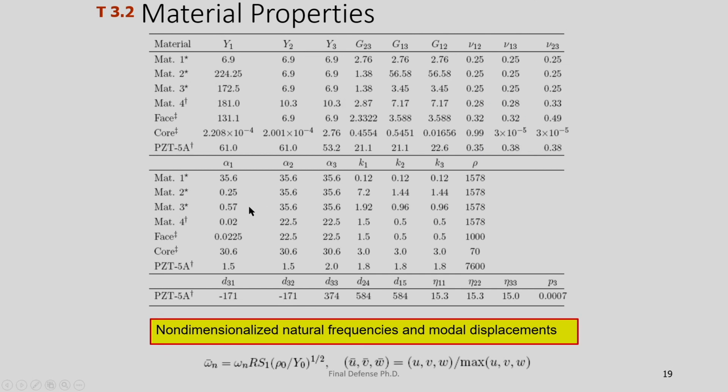So, these are the material properties. Here you see the Young's modulus for the core and for PZT5A, which contains 61 GPa, and you see that the 1 and 2 material properties are the same. It means the PZT5H material is transversely isotropic: 1 and 2 are the same in the first and second directions, and the third direction is different. These are the Young's moduli. The extra material properties are the piezoelectric constants d31, d32, d33, d24, d15, in units of picometers per volt, so basically 10 to the power minus 12.